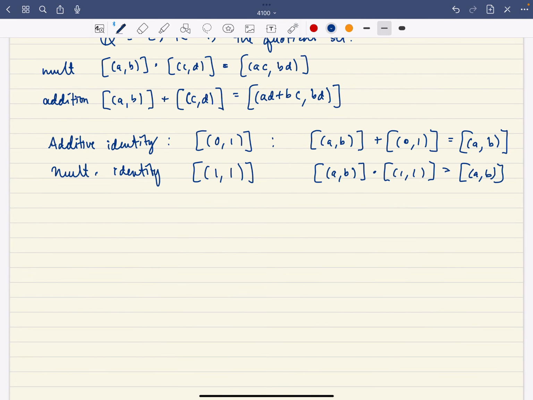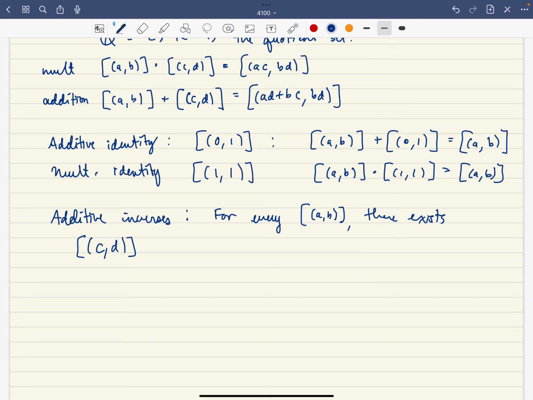We have additive inverses. For every rational number (A,B), there exists a value, which I'll call (C,D), so that when we add (A,B) and (C,D), we get the additive identity.